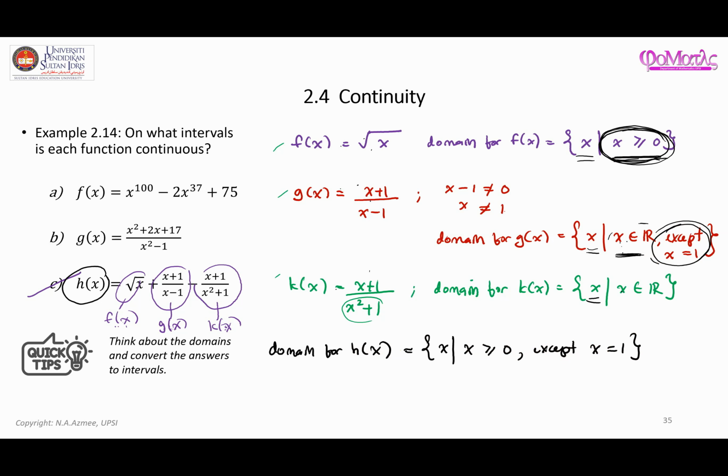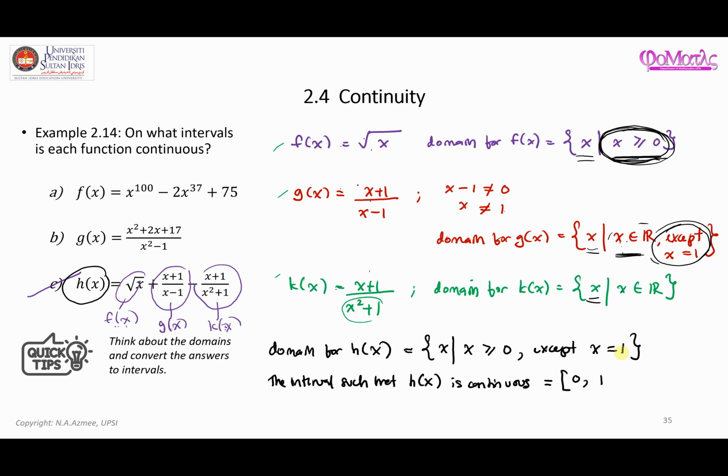Okay, so this is the domain for h(x), and therefore the interval such that h(x) is continuous is going to be, notice that this is x greater than or equal to 0, so we will be using a square bracket to denote that 0 is included. It's going to be from 0 to 1, except x equals 1.